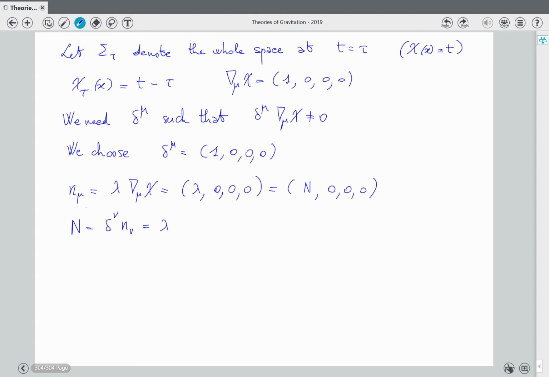Where are we going here? We are going to parameterize the 4x4 metric in a way that will isolate the metric of the submanifold and the other components.